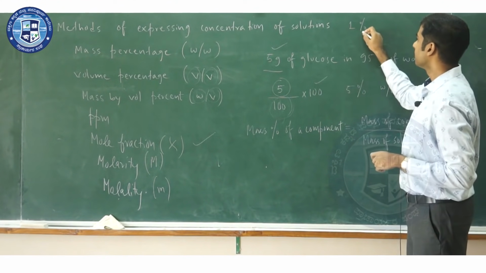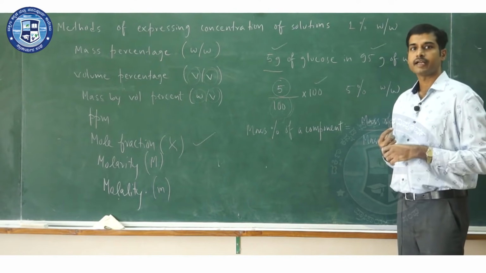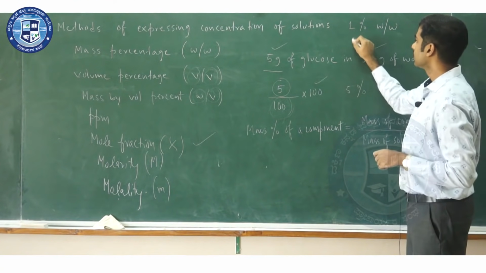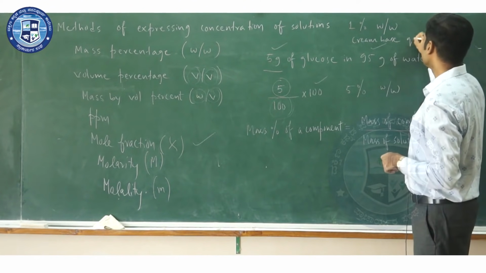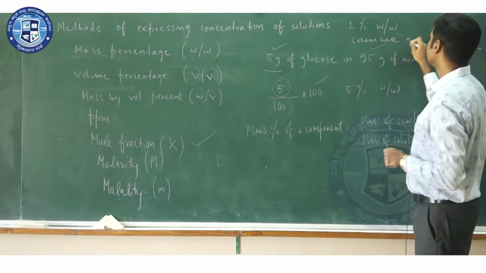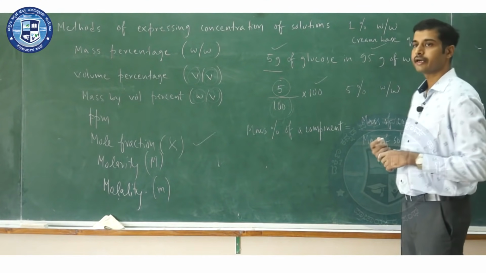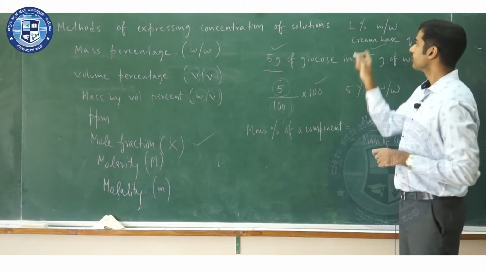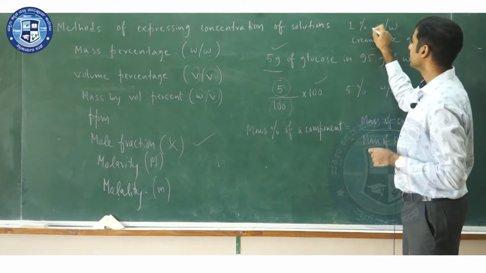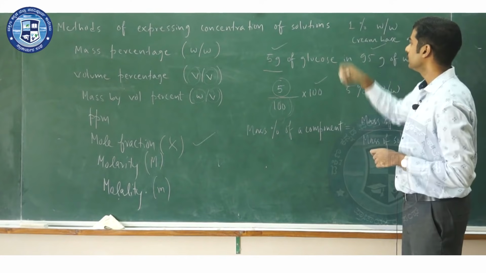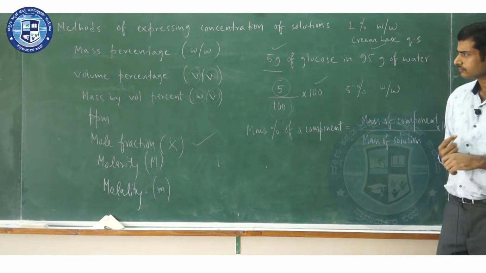It is present in terms of mass percent, and the remaining part will be a cream base, quantity sufficient to make it 100%. 1% W by W, the weight of the component is expressed in terms of grams.